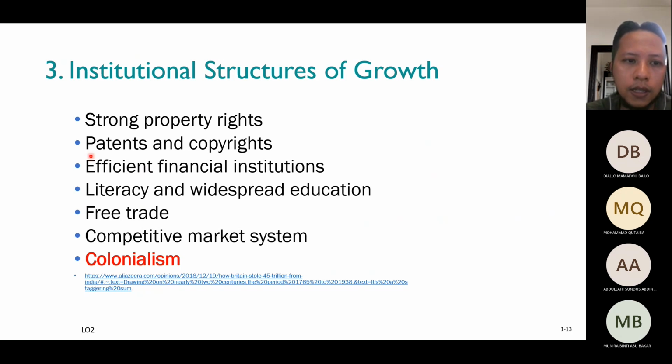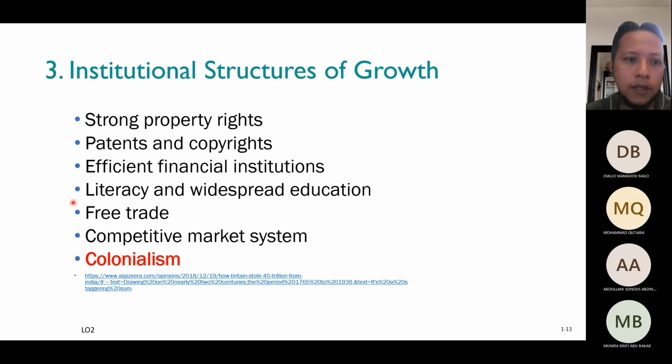Secondly, you have to have patents and copyrights. When you invent something, that can be used to progress technology. Number three is efficient financial institutions. This also provides the liquidity and access for people to have money to invest and spend.